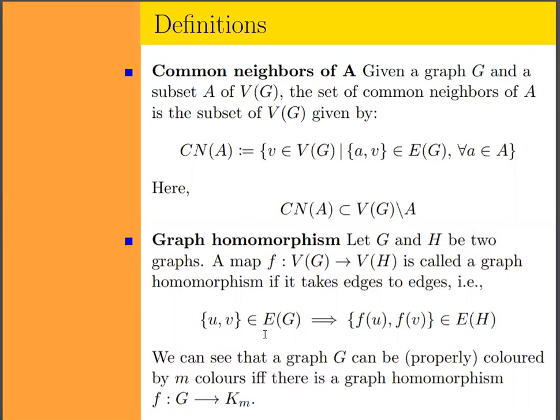If I have two vertices A and B in the Kneser graph, they are K-subsets of an n-element set, and they have a common neighbor, say C, which means A is adjacent to C as well as B is adjacent to C. A adjacent to C implies that A intersection C is empty. B adjacent to C implies that B intersection C is empty.